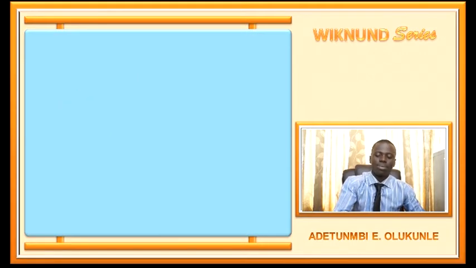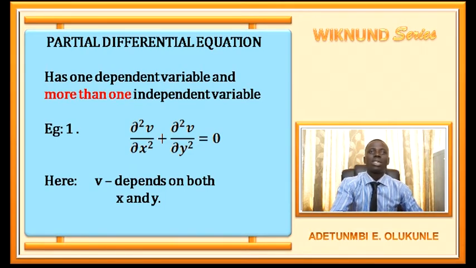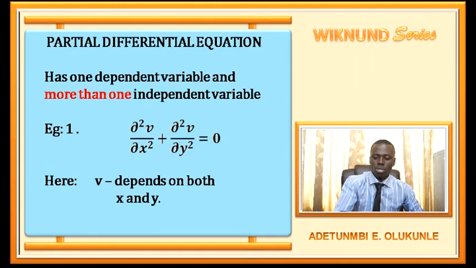And what do we mean by partial? A partial differential equation contains one dependent variable and more than one independent variable. Here we mean 2 or more. For example, dy/dx equals del u/del x plus del v/del x.